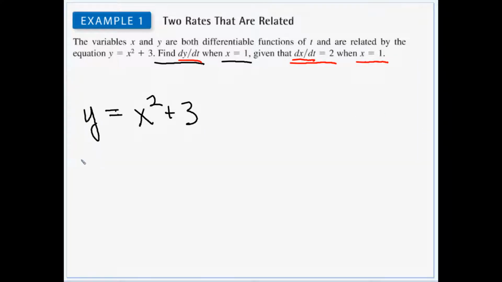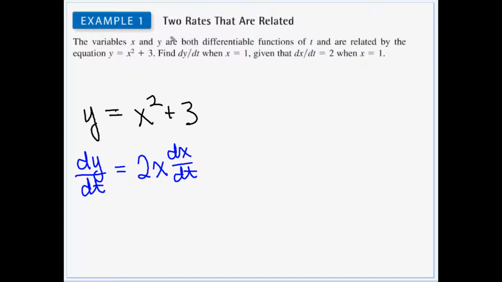So let's derive it. The derivative of y will be dy with respect to time, dy dt, equals, here we're going to derive x squared. That's going to be a 2x, and again we are deriving with respect to t, so we get a dx dt, and the 3 derives away. Let's go back and reread the problem again.